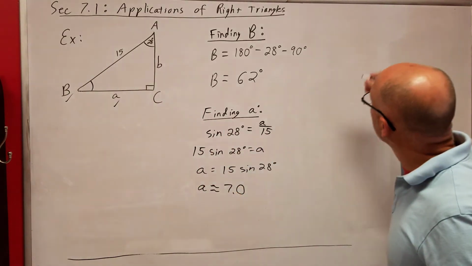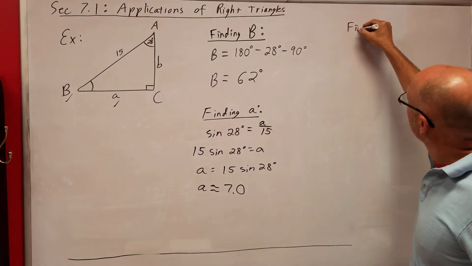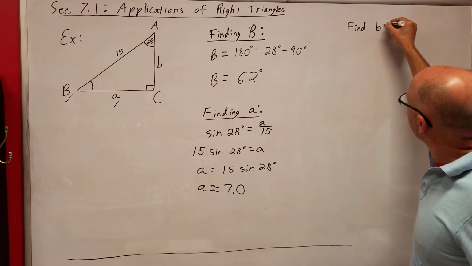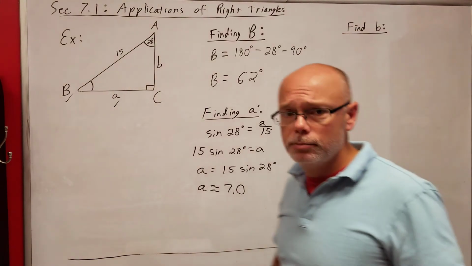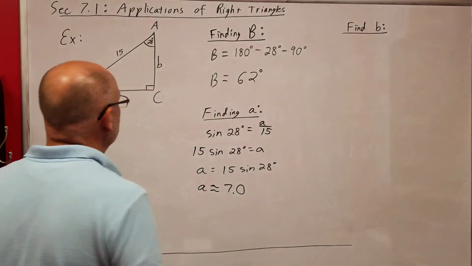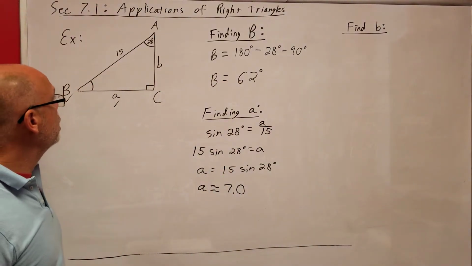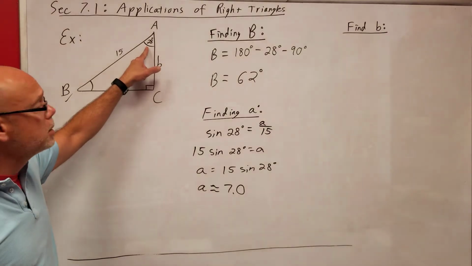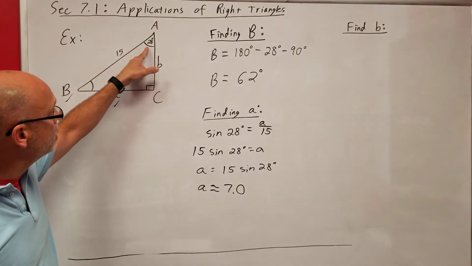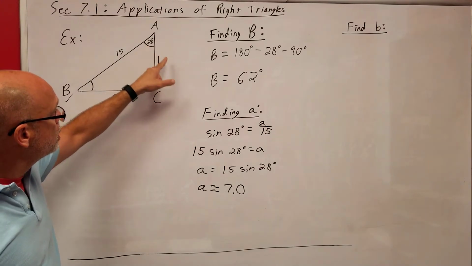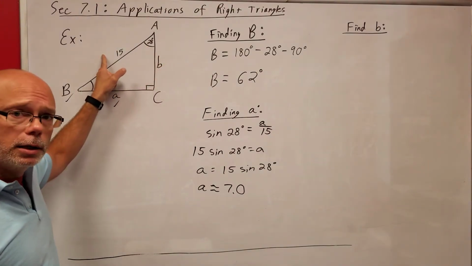Lowercase b, right? So I need to find side lowercase b. How do we find side lowercase b? A multitude of ways now, okay? One way I could do it is I could use that angle A that was given to me, and I could say the cosine of this angle is adjacent over hypotenuse.